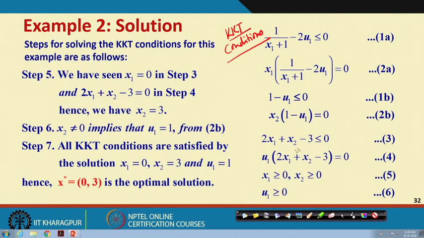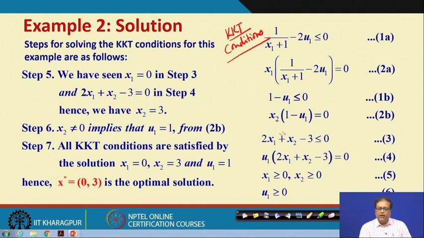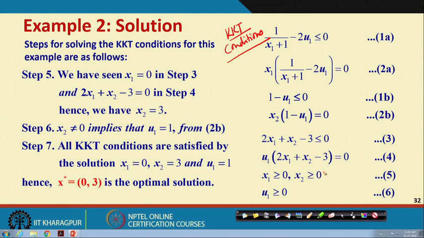And then that is the second part, that is del L del x2, and 2x1 there is a constant itself. This is multiplied by the multiplier, and these are the non-negativity constraints. So, all the KKT conditions are written on one side.